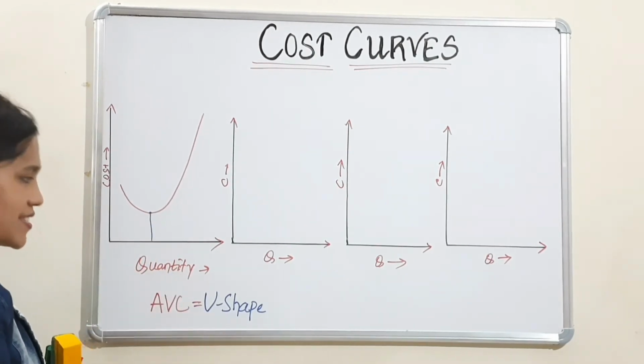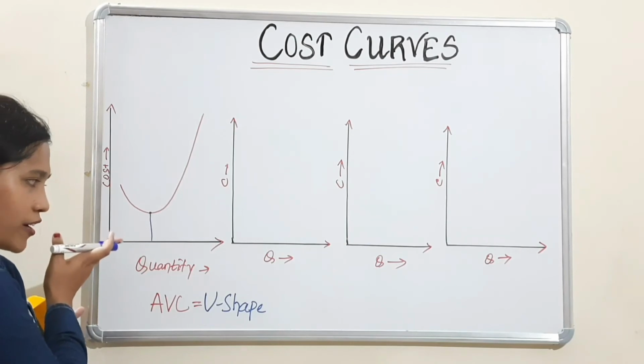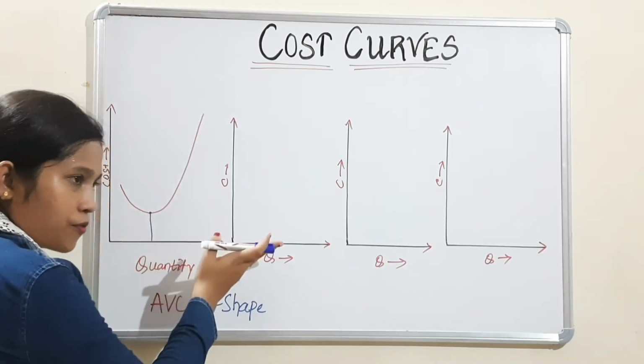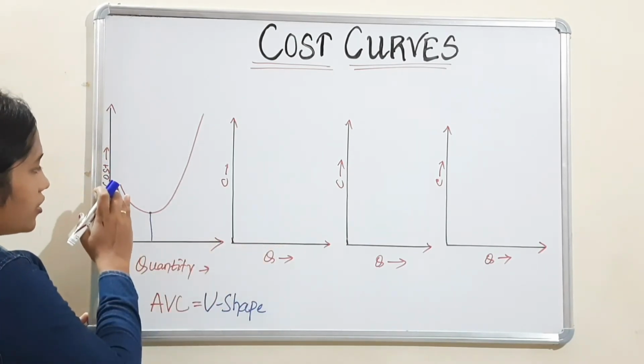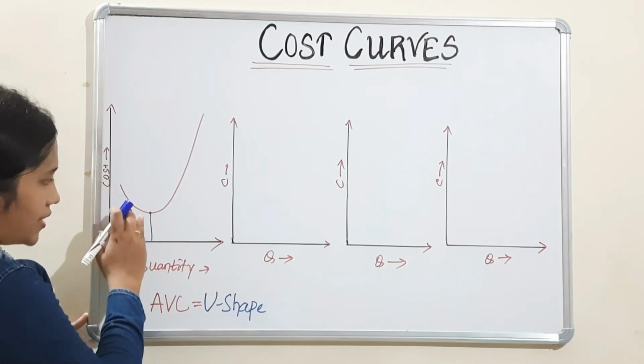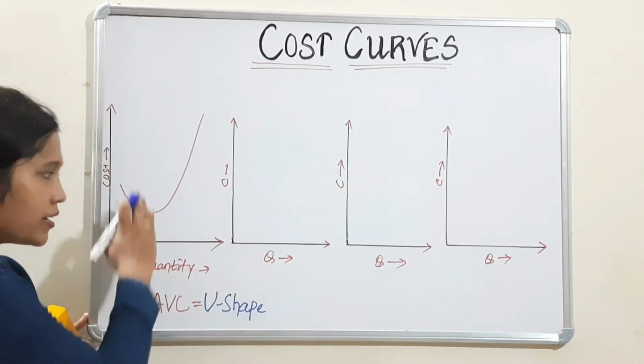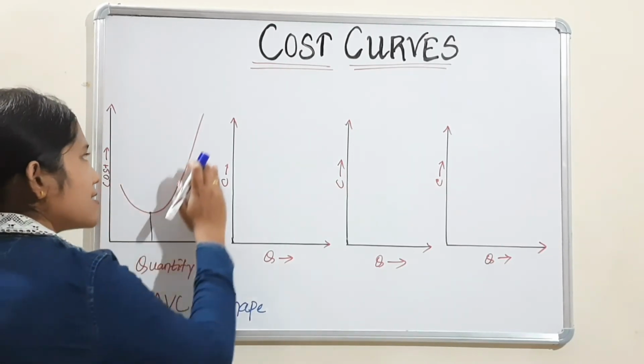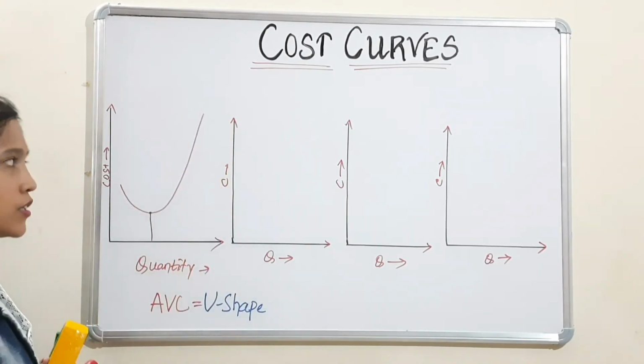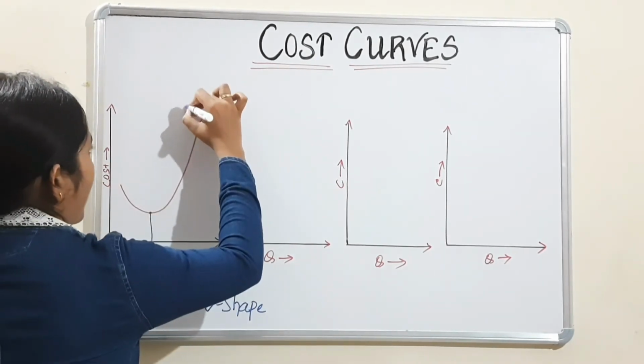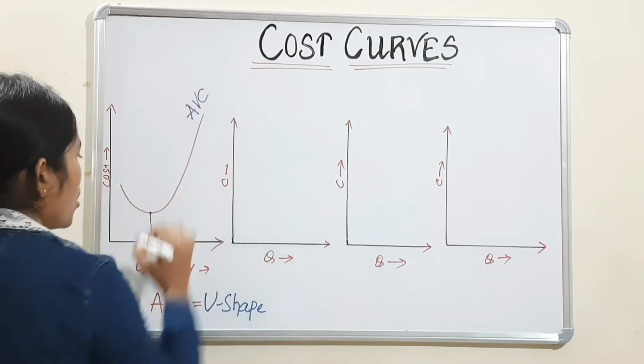Or we can say, as we increase the quantity produced, initially the average variable cost declines up to a certain point, and after that it starts increasing. Clear? So this is average variable cost.